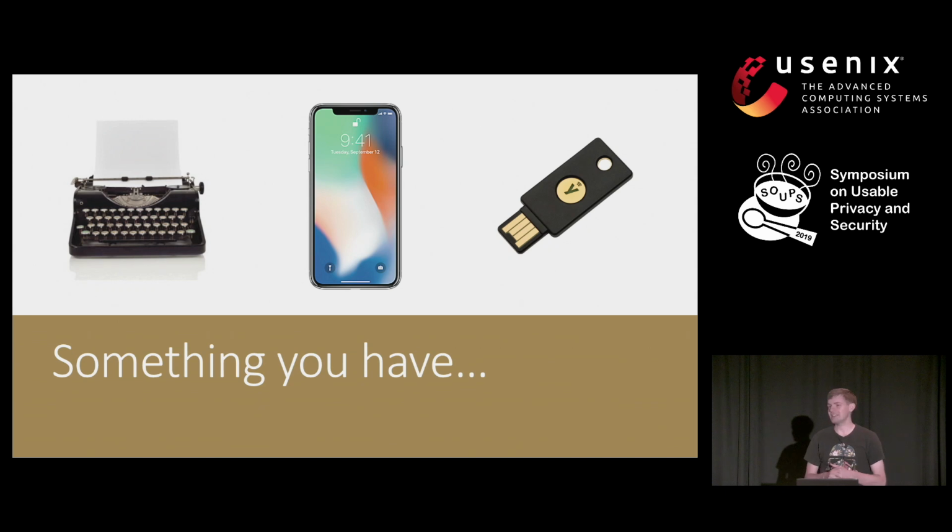The first image you'll see is paper. That represents the pre-generated codes. You can also store those codes on your computer or on a thumb drive, but in our study we printed those codes. The phone is used for the SMS messages, the push notifications, and the TOTP. And for the U2F device, we studied the YubiKey in particular.